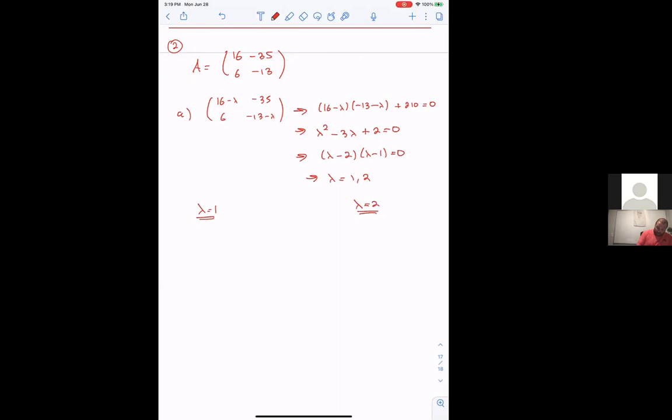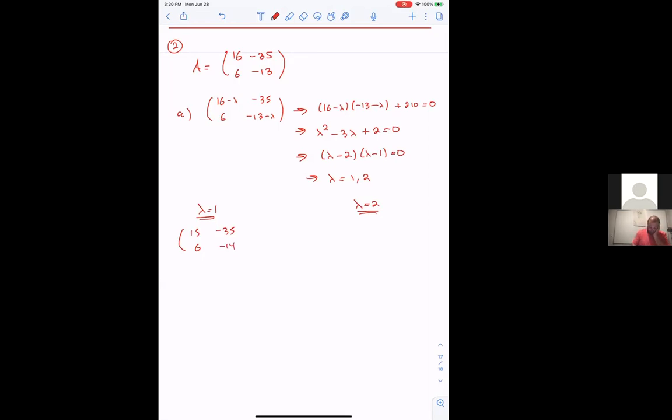When I plug in lambda equals 1, I get 16 minus 1, which is 15, -35, 6, and -13 minus 1 is -14.